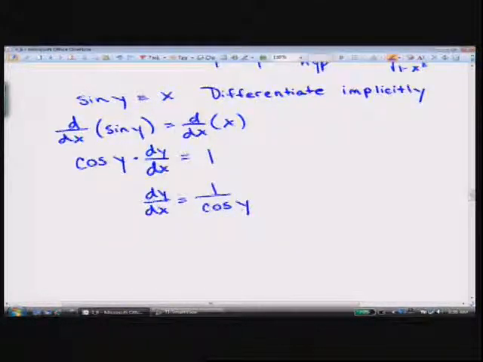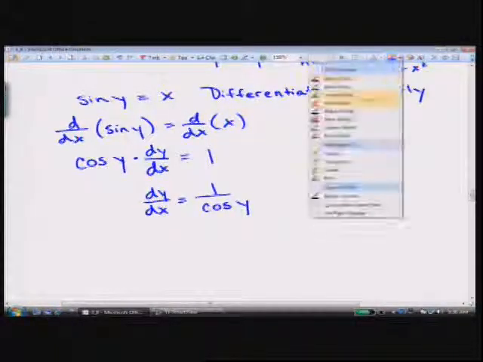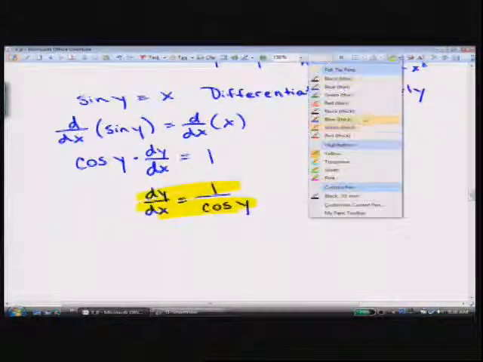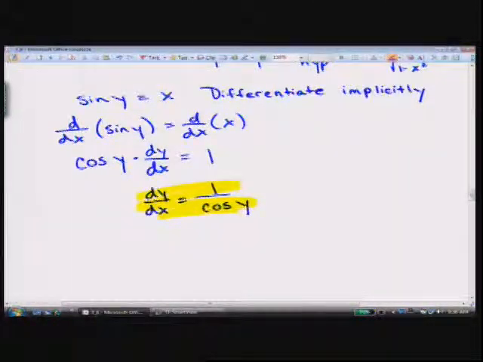So I found the derivative, but I don't want my answer in terms of y. I want my answer in terms of x.